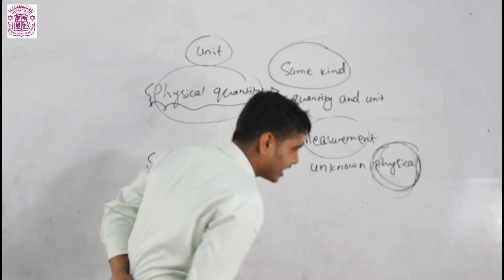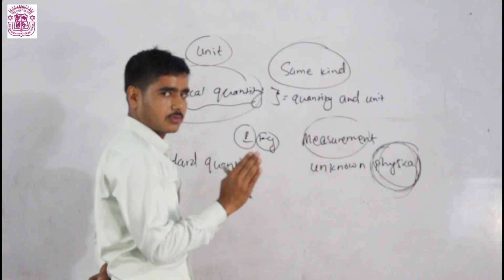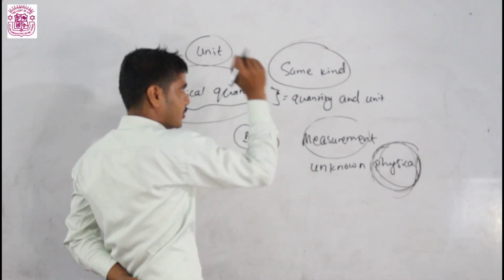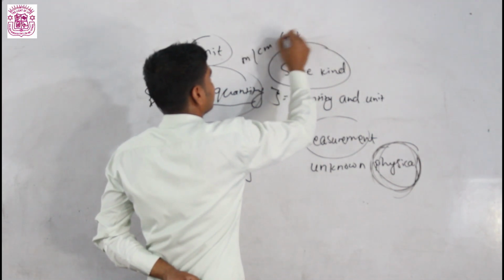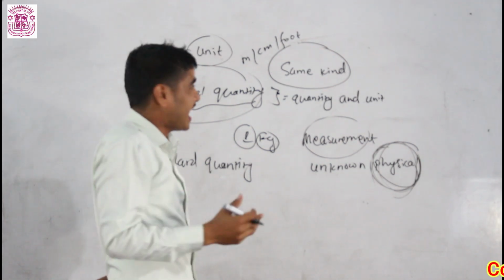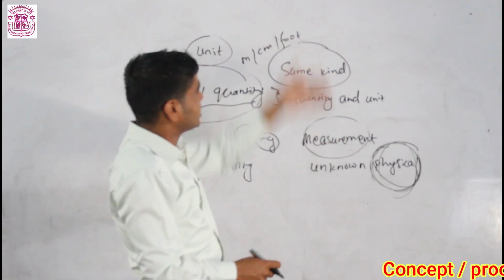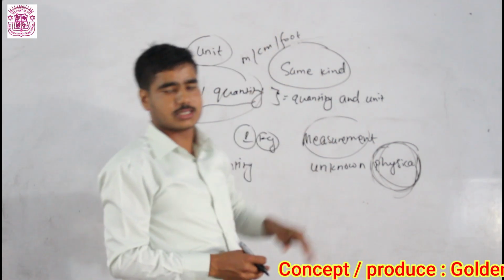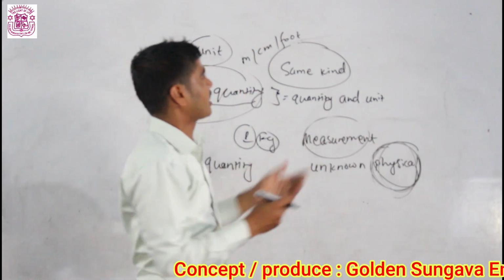While you are measuring the length between two points, you should use a unit such as meter, centimeter, foot or kilometer. You cannot use the unit kg. While measuring the height of this building, you will not say that the building is 10 kg in height. You will say it is 10 meter, 10 kilometer, or 10 centimeter in height.